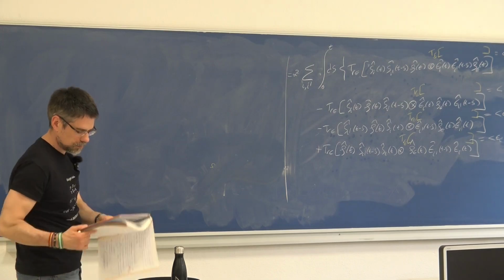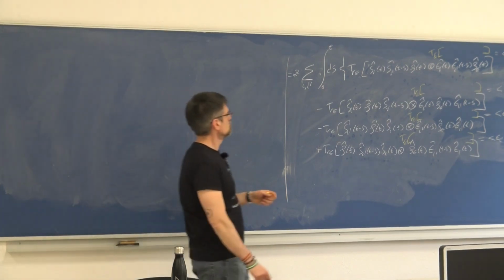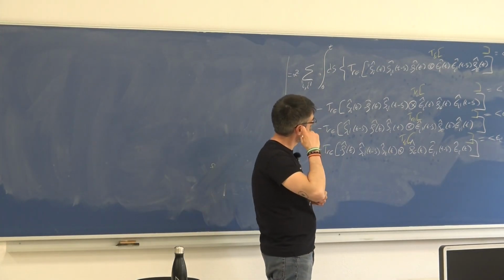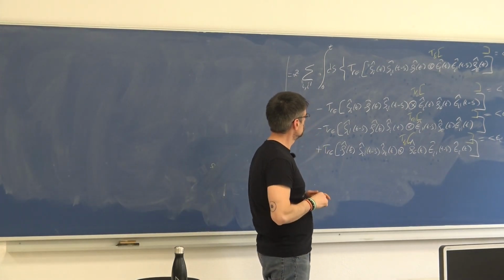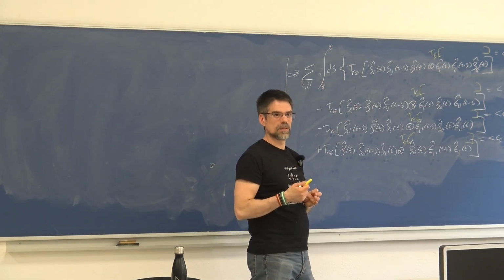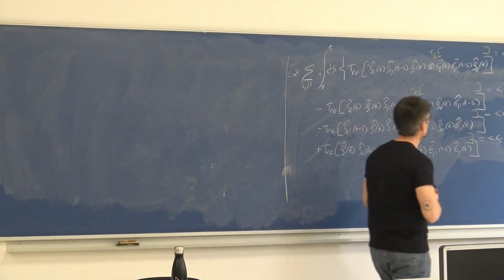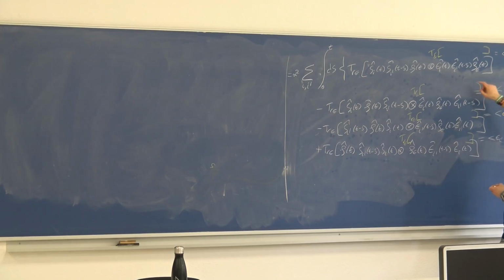Wait, are you mapping the terms that have the same C, or are you mapping the terms that have C and C conjugate together? It should be the ones with the same C. It should be, but maybe I have mistaken C by C conjugate. Let's go over it, okay?